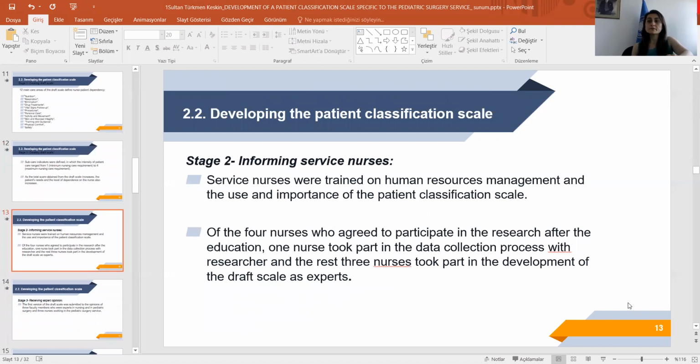Stage 2: service nurses were trained on human resource management and the importance and use of the patient classification scale. Of the 4 nurses who agreed to participate in the research after education, 1 nurse took part in the data collection process with the researcher, and the other 3 took part in the development of the draft scale as experts.